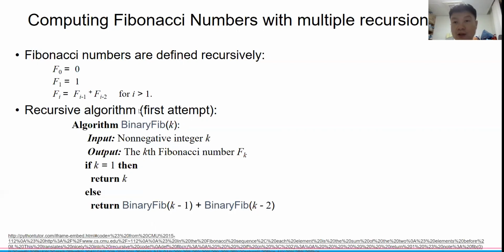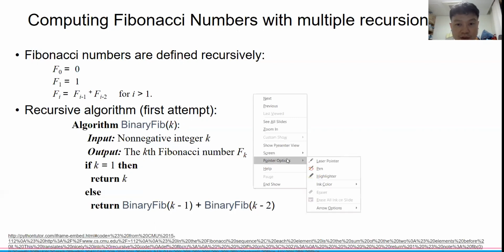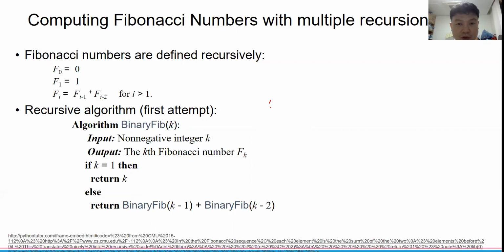We know that Fibonacci is a kind of sequence. If you have the sequence 1, then 1, and then 2, how can we get 2? It is 1 plus 1. Then the next is 3.